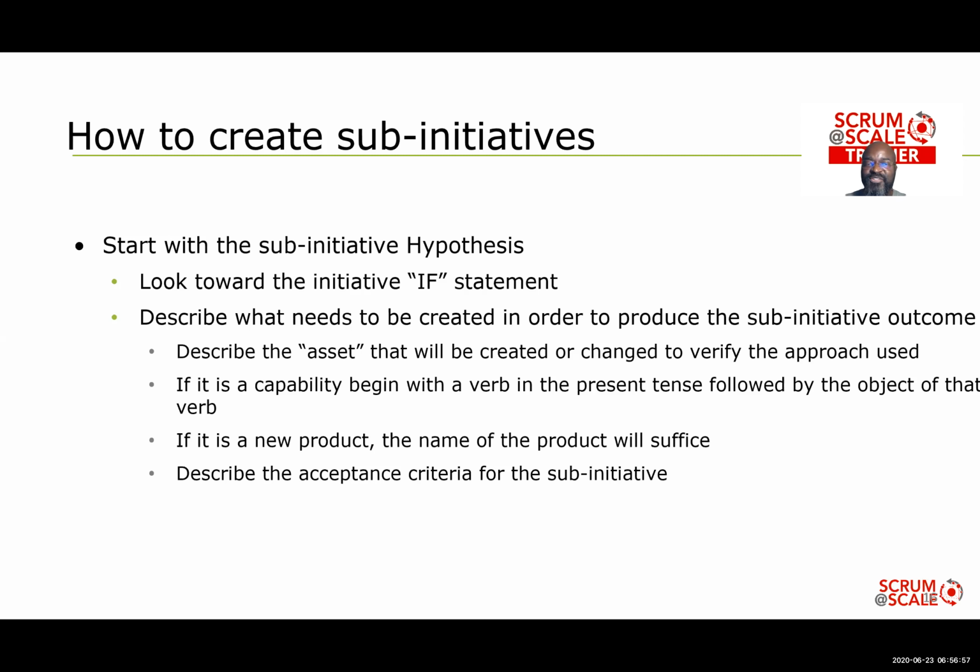Other approaches to building your sub-initiatives are, sometimes instead of building pieces of it, you build the whole thing, but you do it in a very light manner. Let me give you a for instance. I'm building a system that will process new loans for the company.